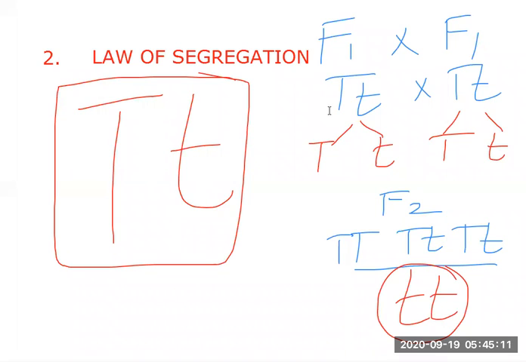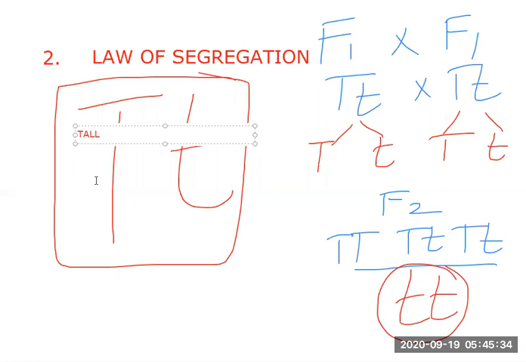Now I am asking you, can we say the expression of this particular plant which I am showing in the box? What is the expression of this allele, capital T? Tall, very good.